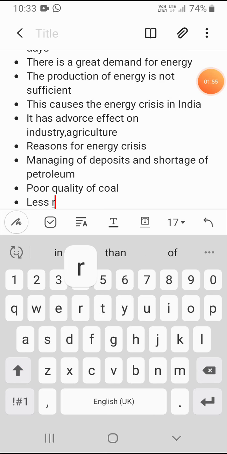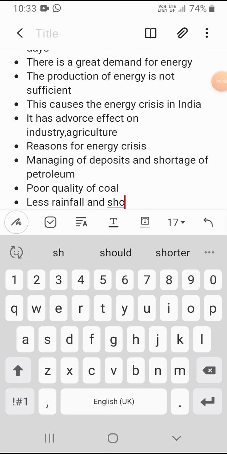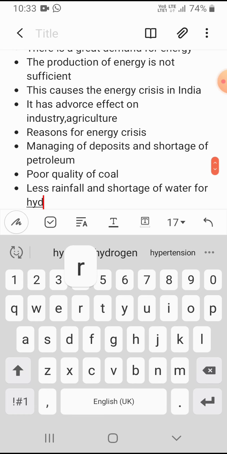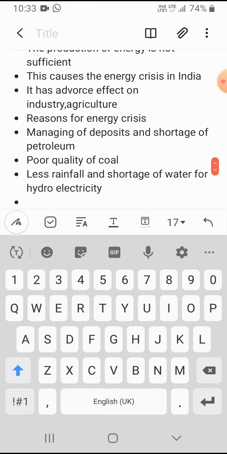Less rainfall and shortage of water for hydroelectricity is also a reason. As you learned, hydroelectricity needs waterfalls, but because of less rain, they are not getting enough water and have problems producing electricity.